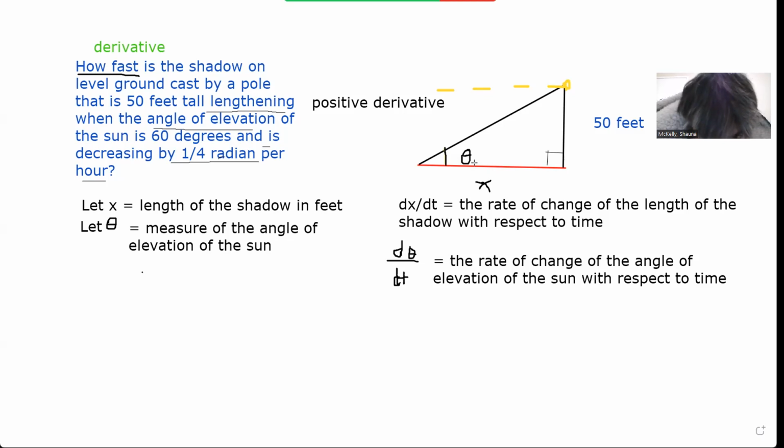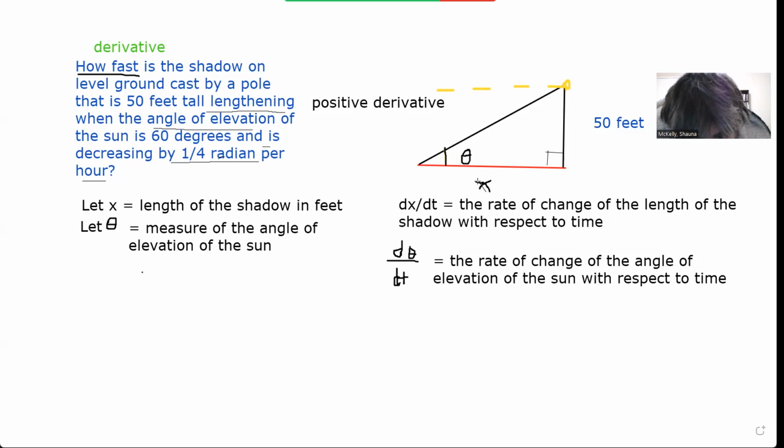So what I'm going to do here, you have a couple of choices, but I only have two sides that are known. I have 50 and I have x. Now, could I get the third one by the Pythagorean theorem? Yes, but it's also unknown in terms of x. So I would probably stick with using just what's here.